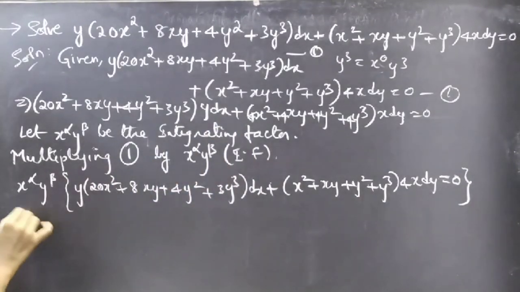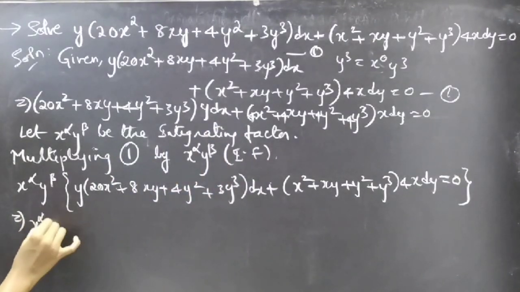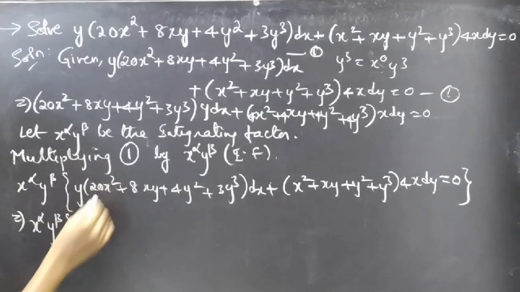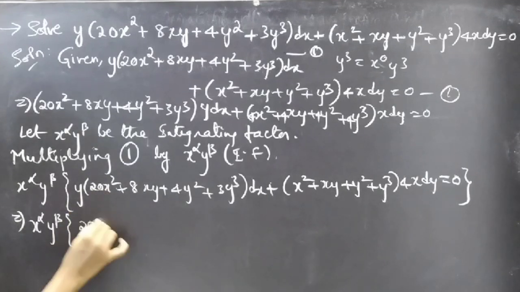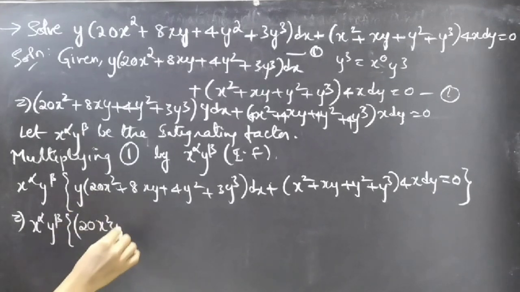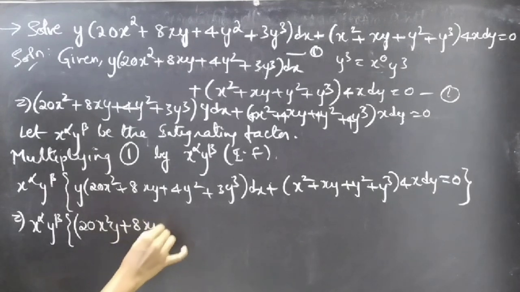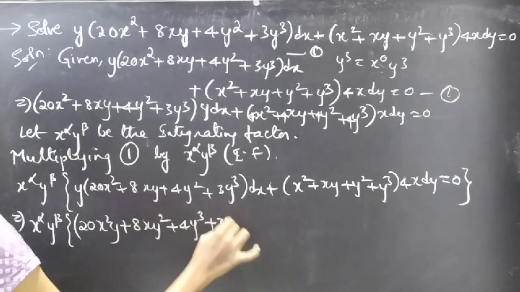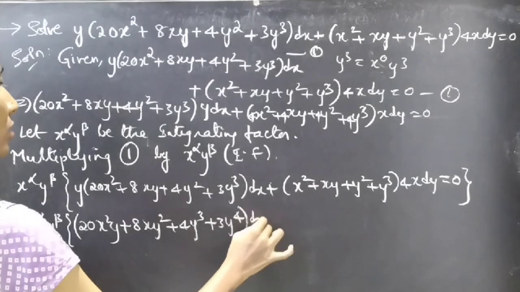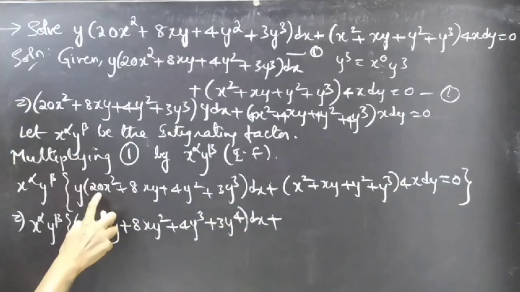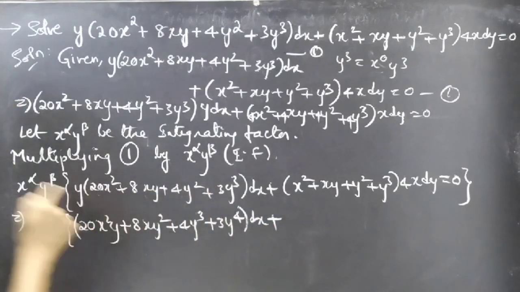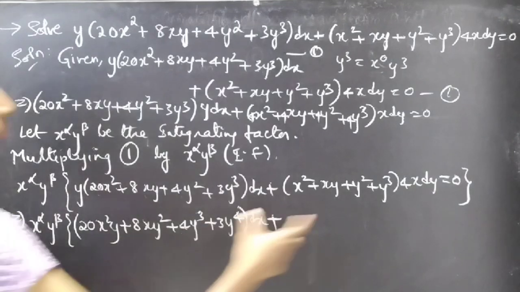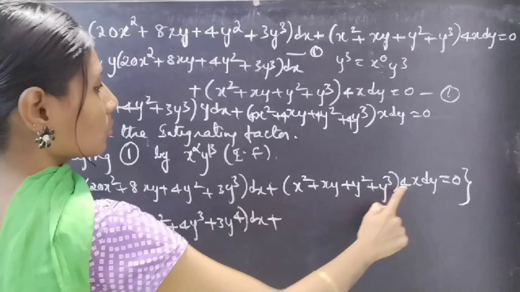Now we can write this as x^α y^β into (20x² y + 8xy² + 4y³ + 3y⁴) dx. See, we have multiplied all these four terms with this y. Now here we need to multiply all these terms with this 4x.